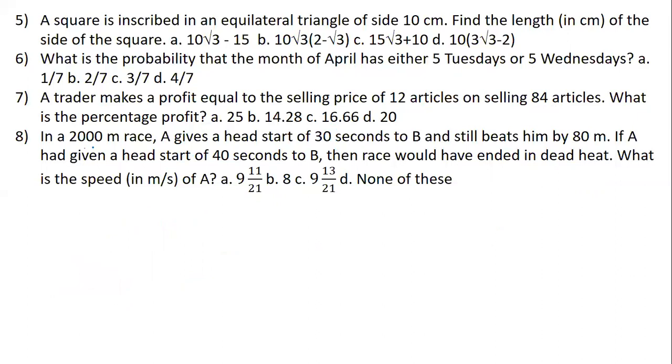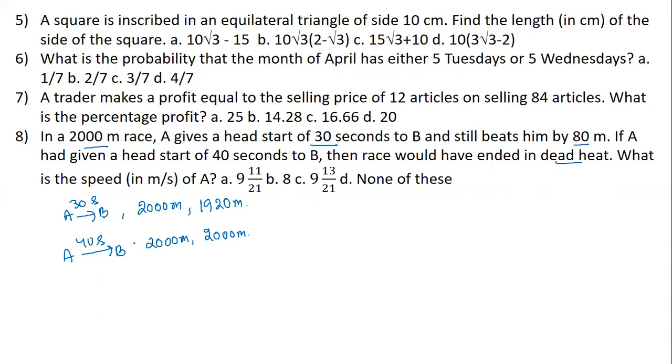Next, in a 2000-meter race, A gives a head start of 30 seconds to B and still beats him by 80 meters. Which means that when A covers 2000 meters, B covers 1920 meters. Now when A gives B a head start of 40 seconds, both of them cover 2000 meters at the same time, so it ends in a dead heat.